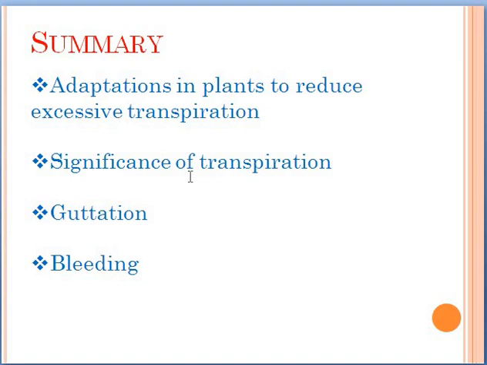Then we learned about the significance of transpiration: the cooling effect of plants, suction force, distribution of water and minerals, and how this affects the climate. And then we learned what guttation is and what bleeding is. So this is all we learned in this lesson.